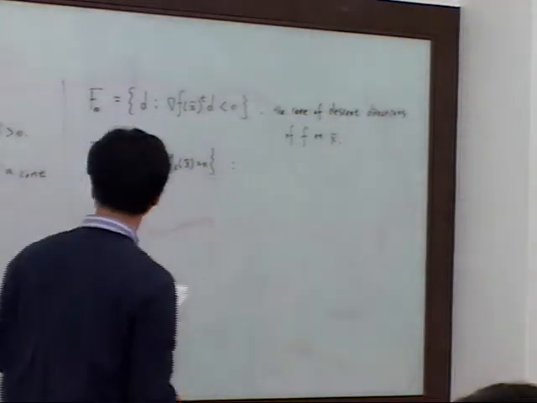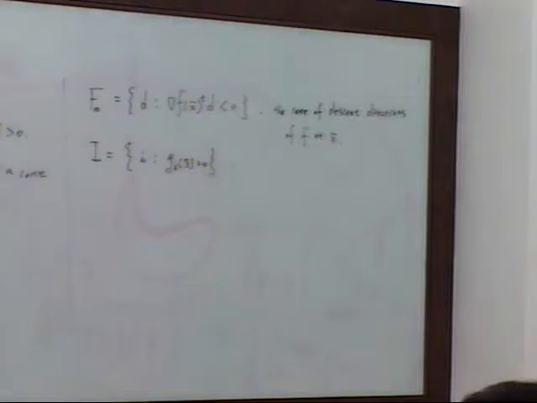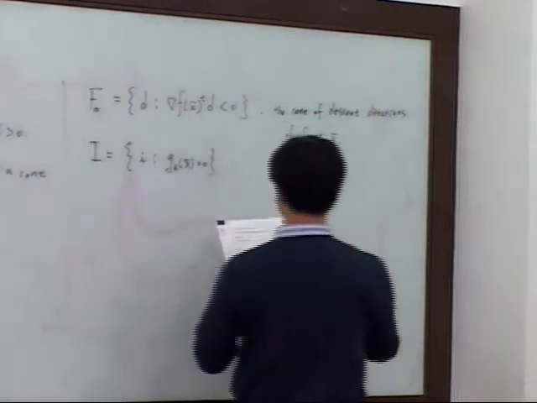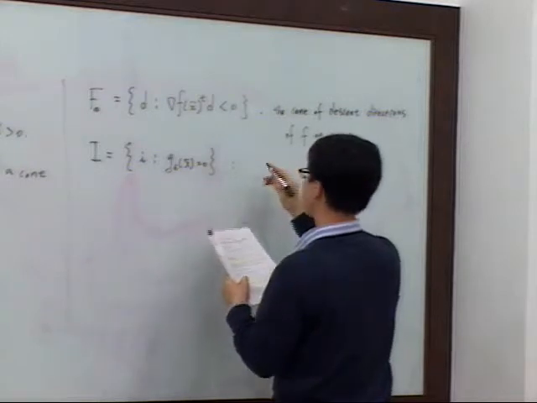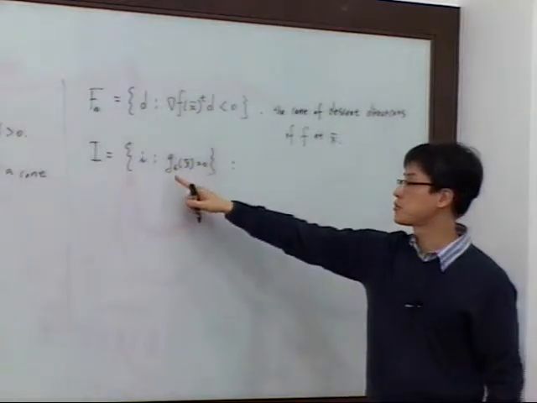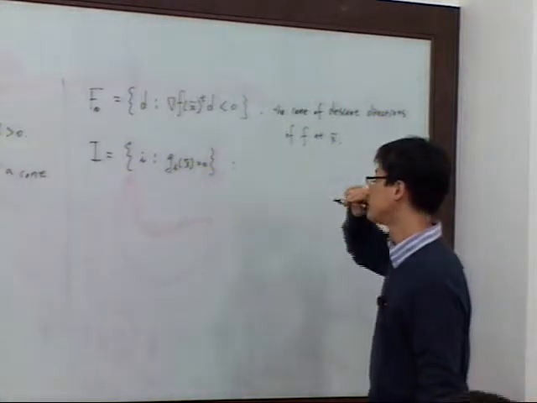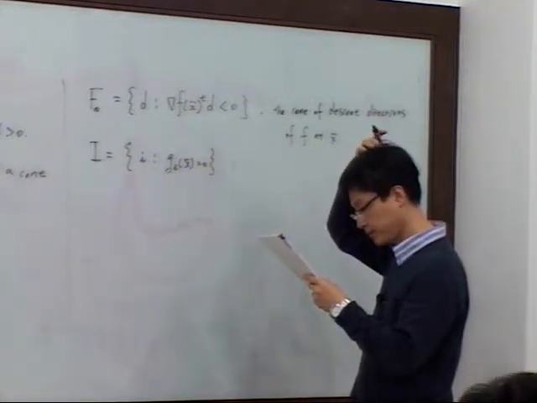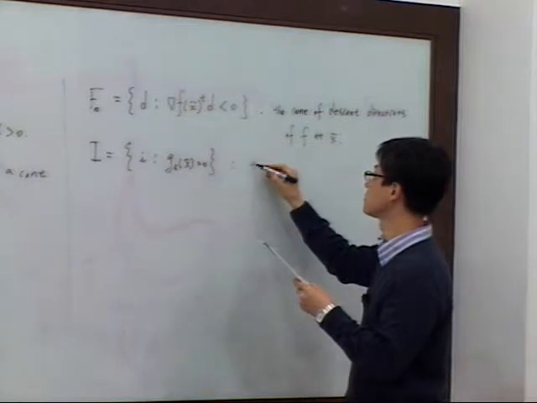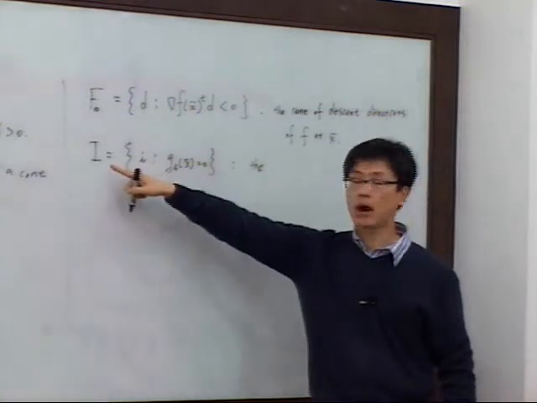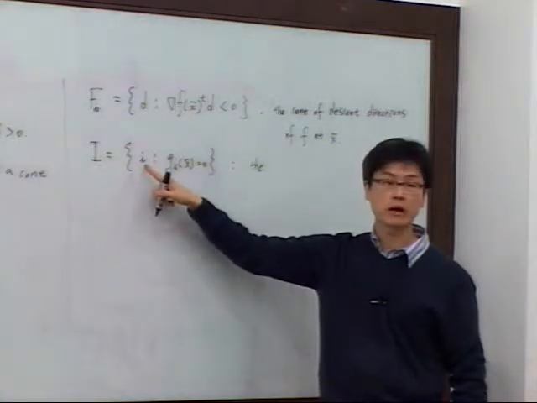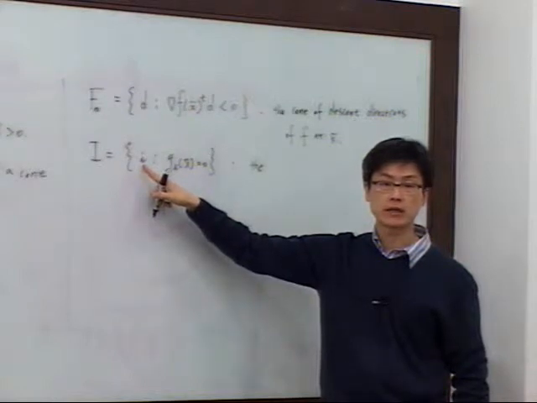And this is defined as we have a g_i(x), right? And I is a set of these small i's, the set of indices.